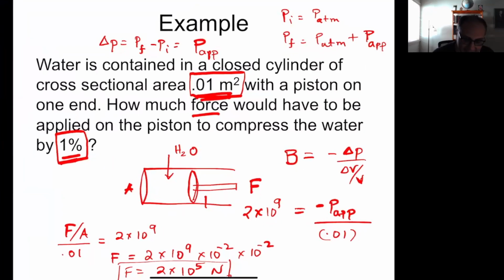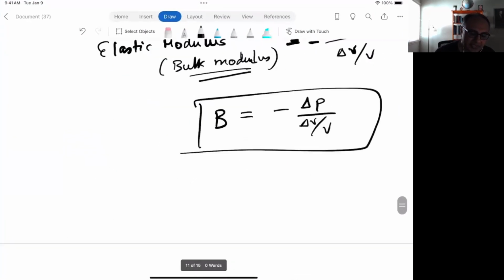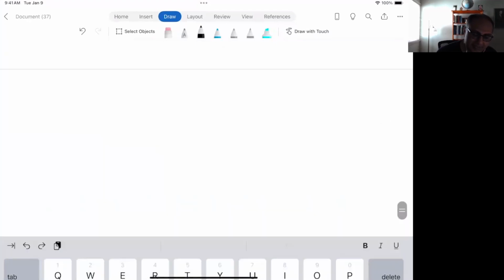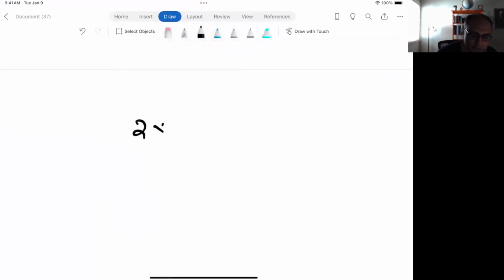All right, so let's just try to make sense of this 2 times 10 to the power of 5 newtons. To get an idea of how much force that is, you can always figure out a weight. What is that the weight of? If you set that equal to mg and solve for m, now g is approximately 10, right? 9.8, so that's approximately 10.